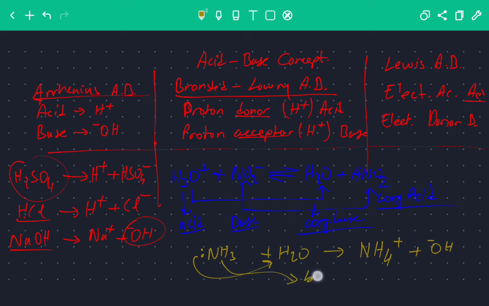So this is the base, and water accepted the electron, so it is the acid. So these are all three acid and base concepts.